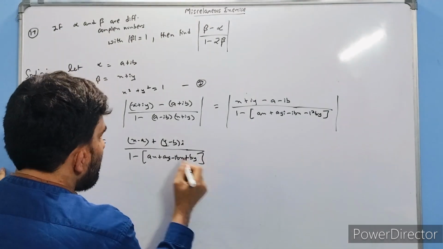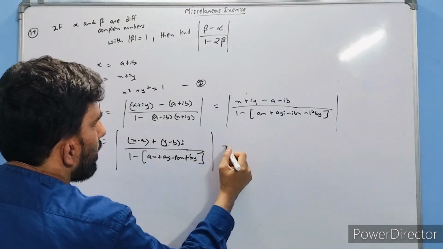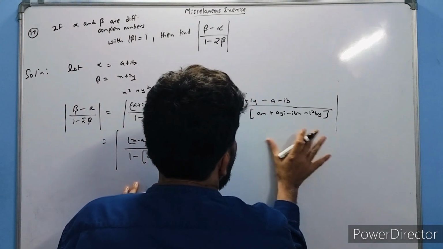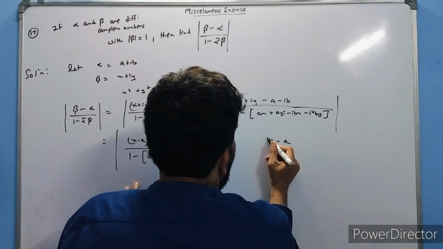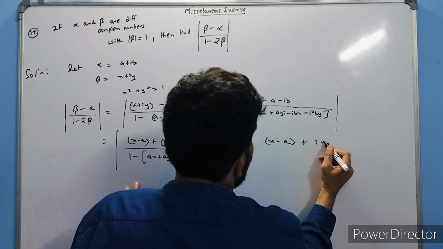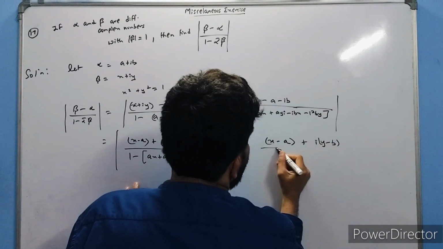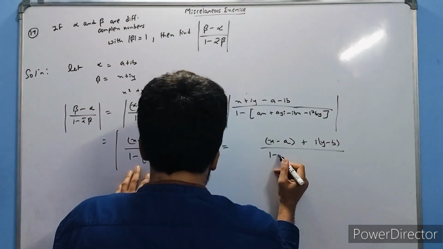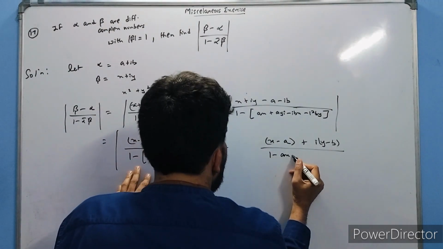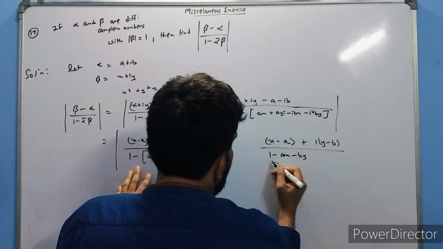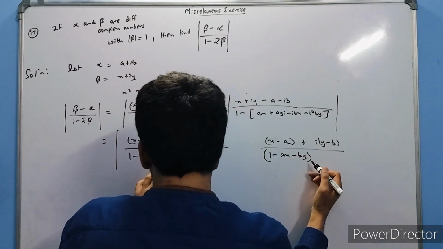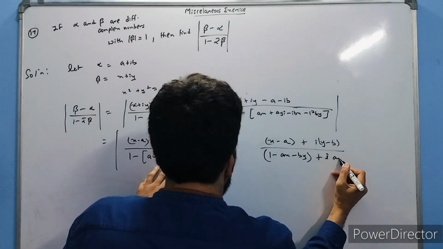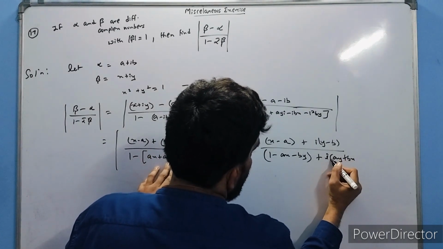So now let us try to write more. So I have (x minus a) plus i(y minus b). Now in the denominator I can solve like this, we have 1 minus (ax plus by), and inside I have plus i, I am taking (ay minus bx).